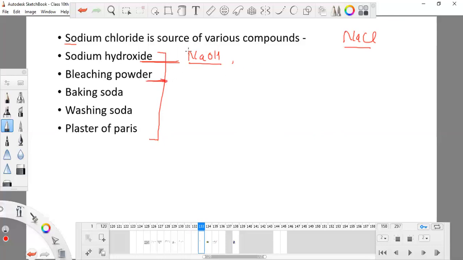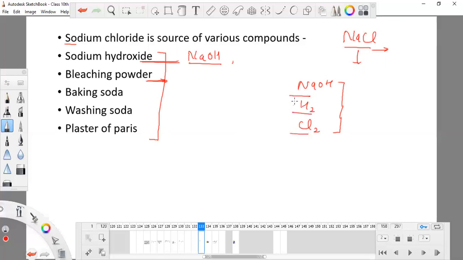So in this chloralkali process of NaCl, we obtain these three things, and we know that most of the chemical industries depend on NaCl for the production of so many types of chemicals and compounds.